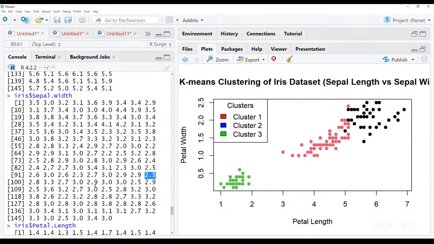It is written 1.0. That is 1.01 or 1.04.